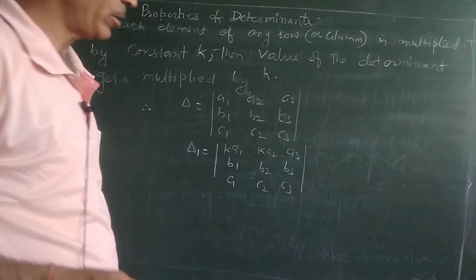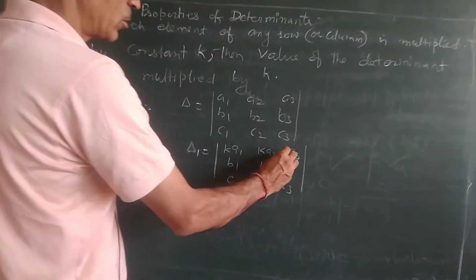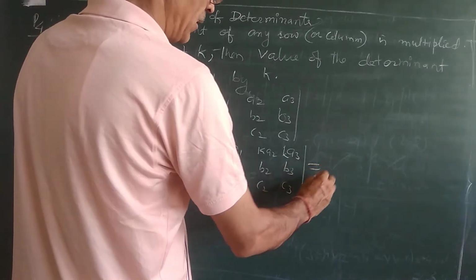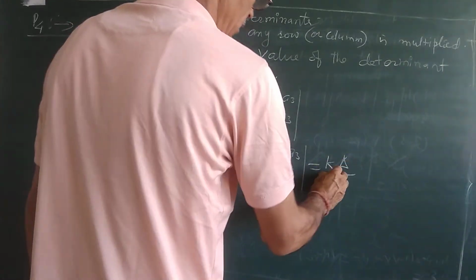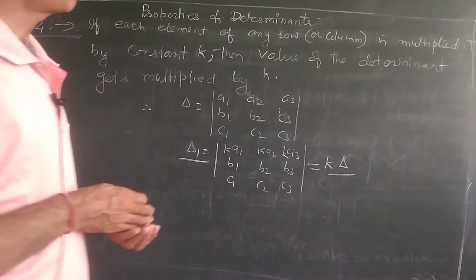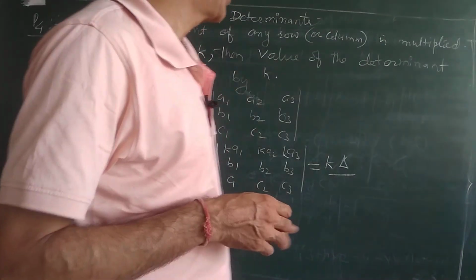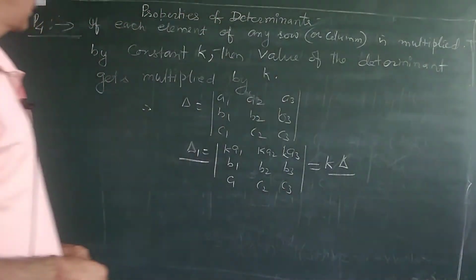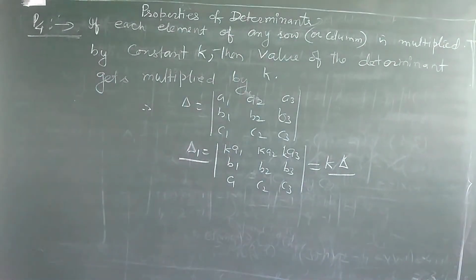If we multiply the first row by k, then we will get k into delta. This is property number 4. If each element of any row or column is multiplied by a constant k, the value of the determinant gets multiplied by k.